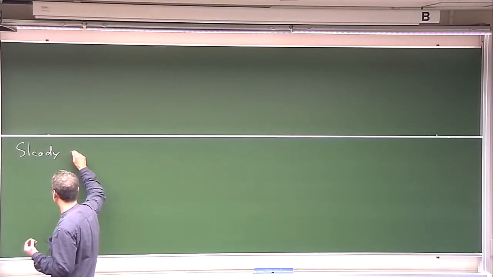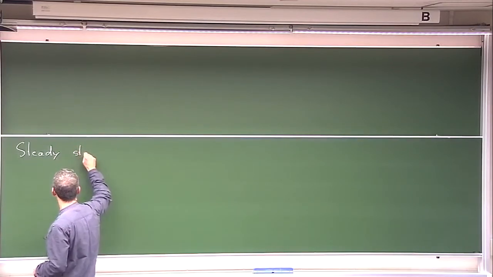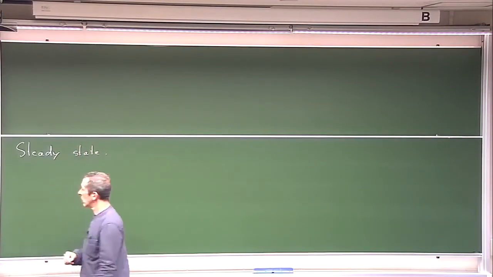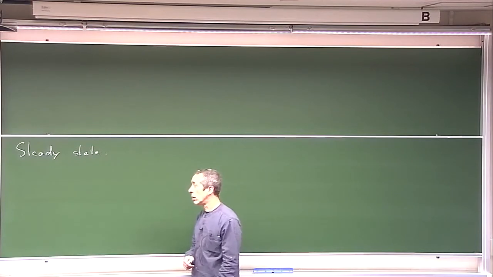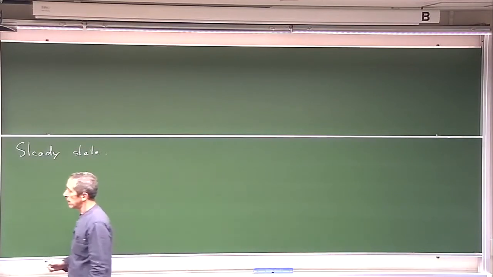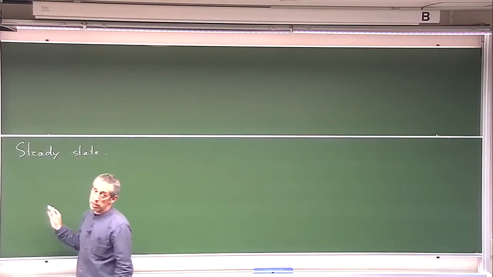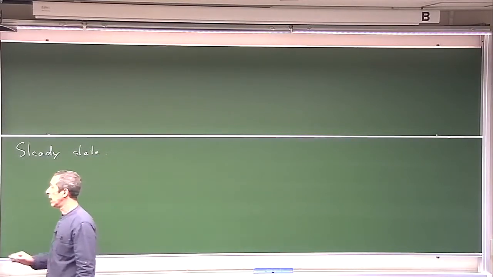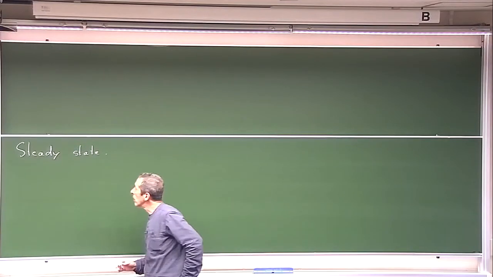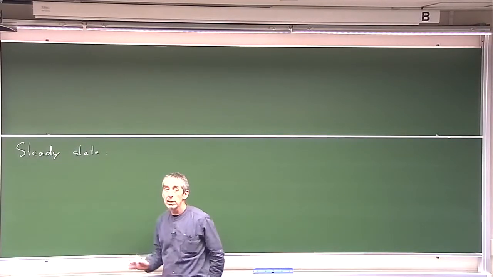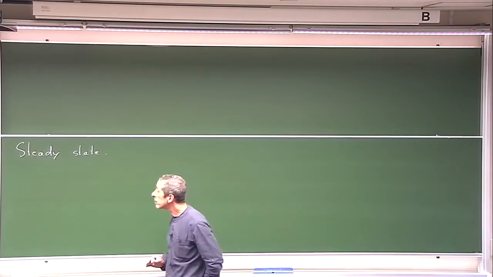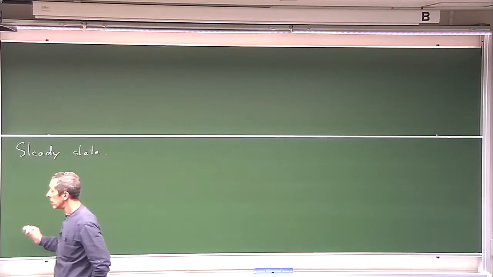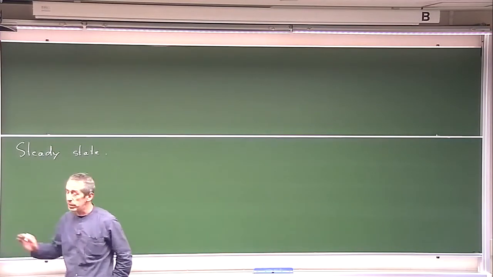Okay. Let me be a little bit more organized. Now I want to define what a steady state should be in that context, or in the context of diffusions in a random environment, but the discussion is the same. And the discussion will be a little bit long. There will be two definitions of steady state. And now I'm heading towards the first definition.